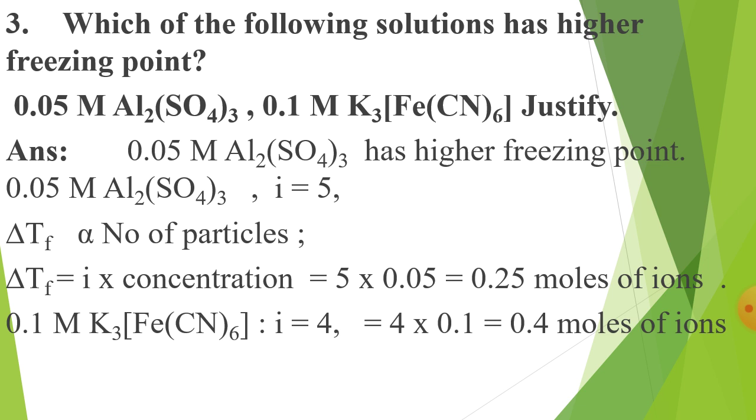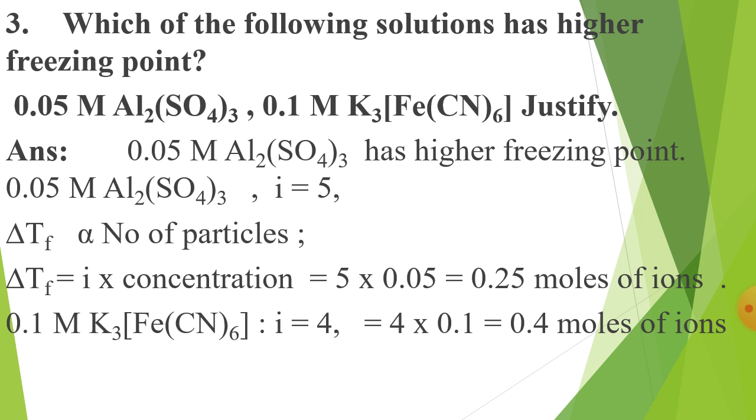In that condition, delta Tf is directly proportional to the number of particles. So delta Tf is equal to i into concentration. Here i equals 5 and concentration is 0.05, which gives 0.25 moles of ions.